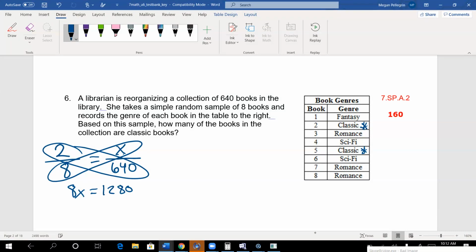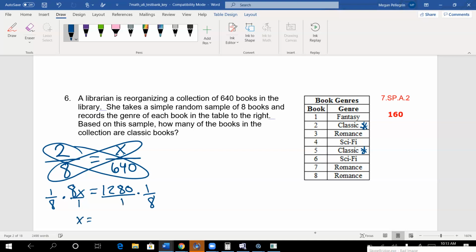And then in order to solve for x, we know that we can multiply each side by the reciprocal 1/8 or divide both sides by 8. We were just practicing multiplying by the reciprocal.